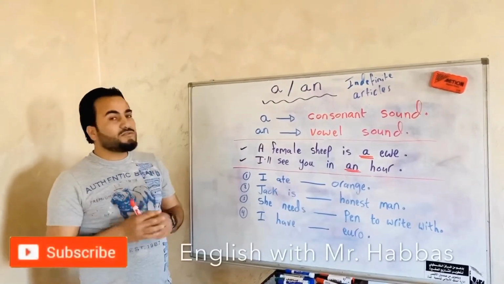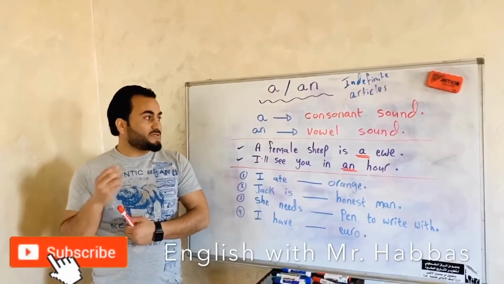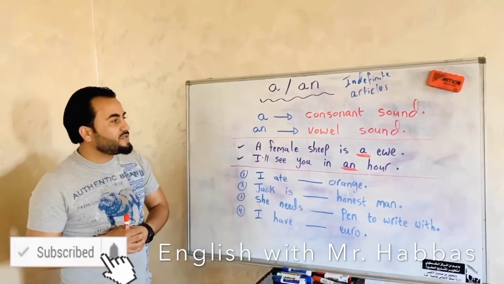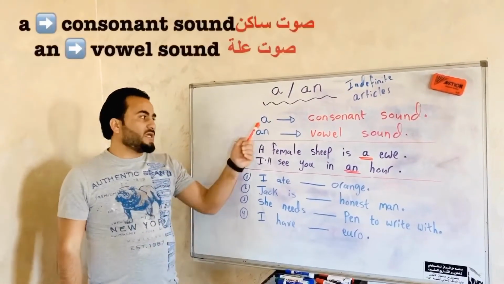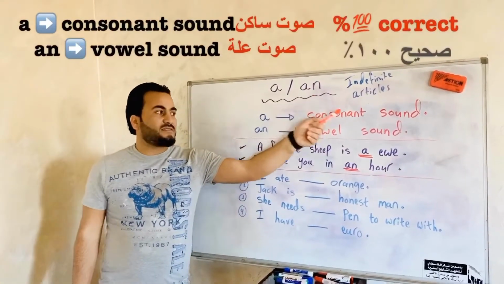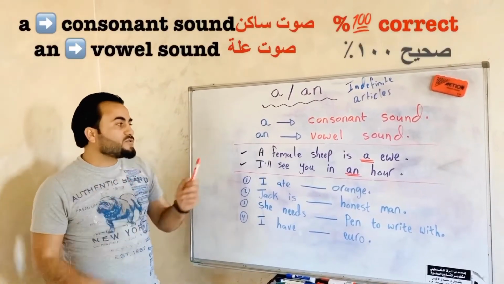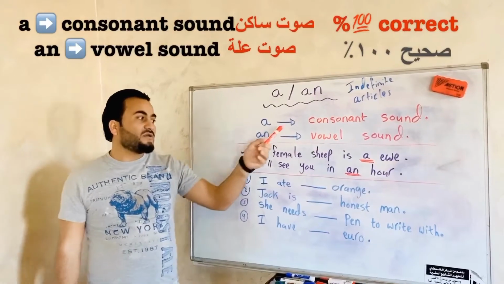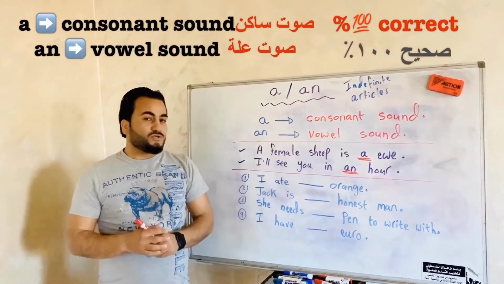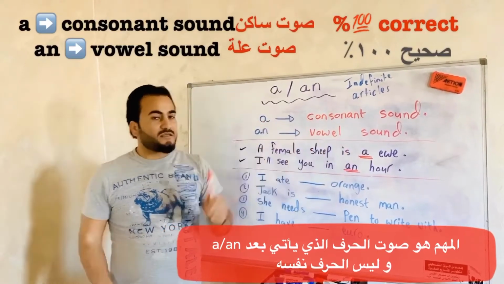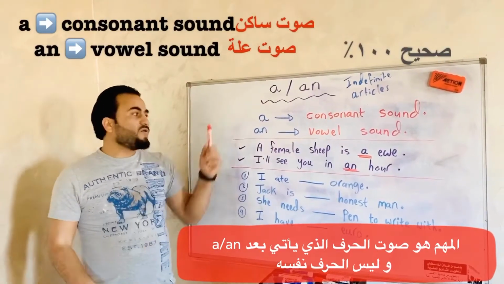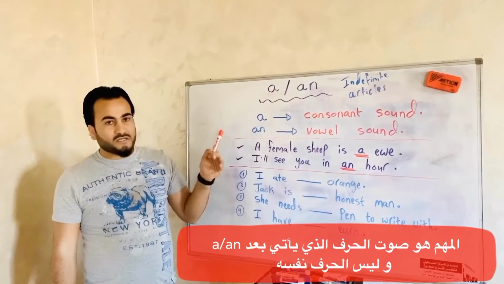But if we want to make it 100% accurate, we have to be a little bit careful. We use a before a consonant sound, and we use an before a vowel sound. So what's important is the sound, not the letter that follows a or an.